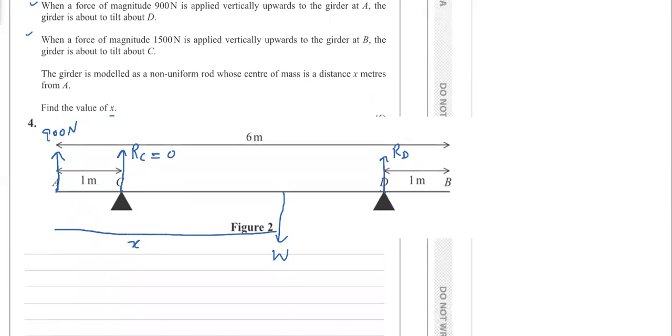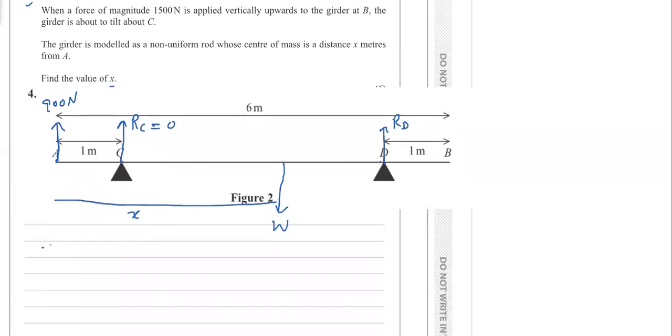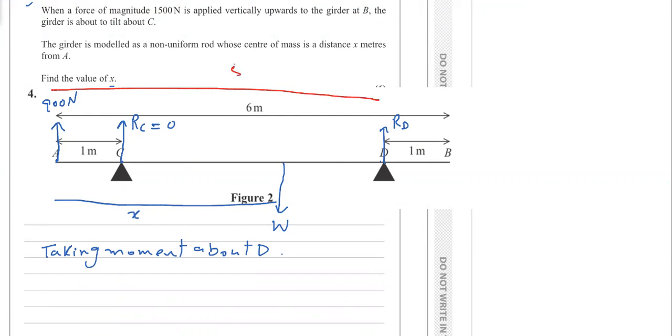So first I will take the moment about D. I'll say taking moment about D. When I take the moment about D, I need the distance of every force from the point D. The total length of the rod is 6 meters, and W is at a distance of x meter from A. 1 meter is on this side, so from here till here, the remaining is 5 meters.